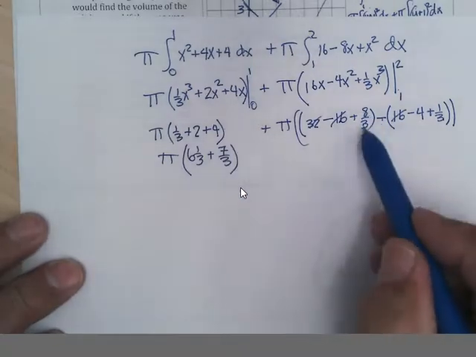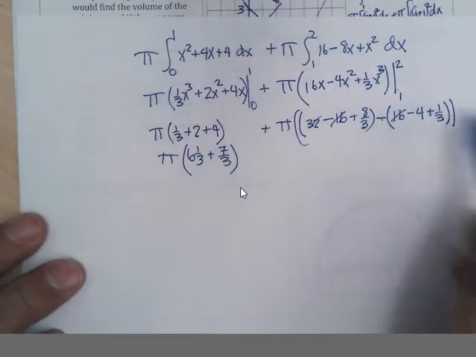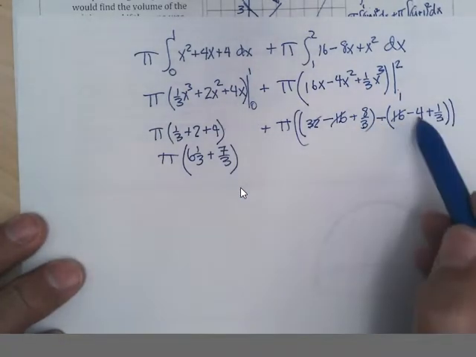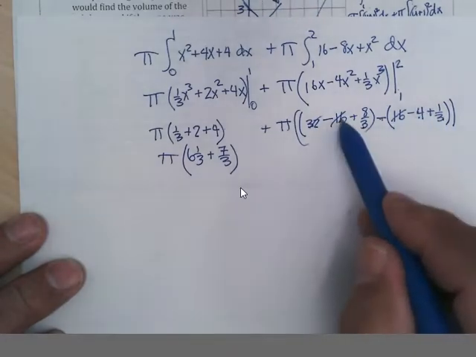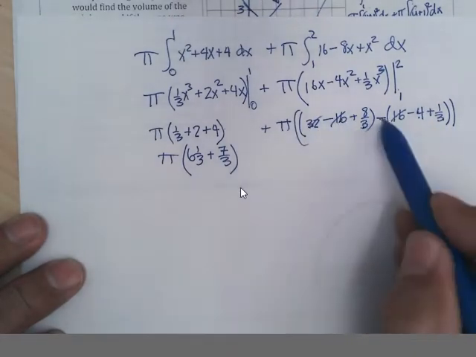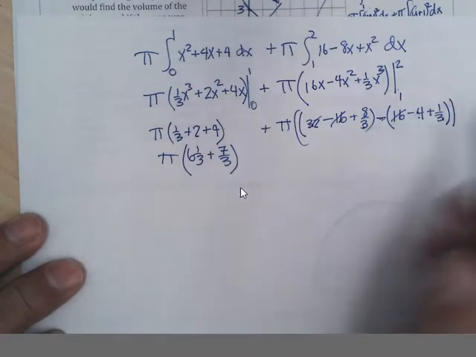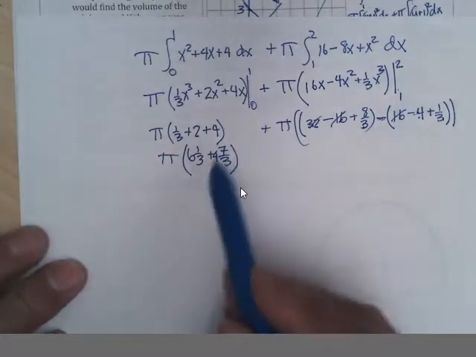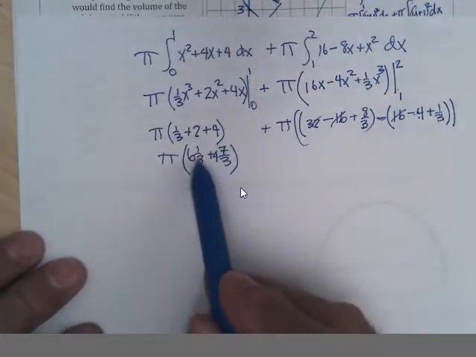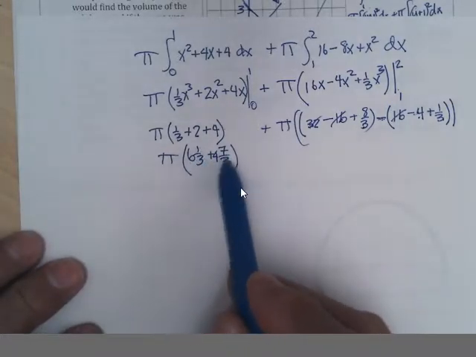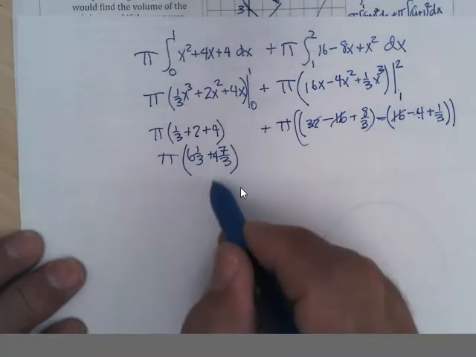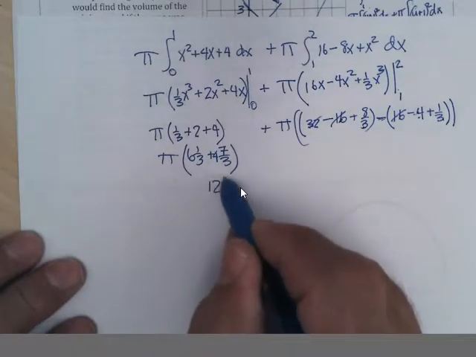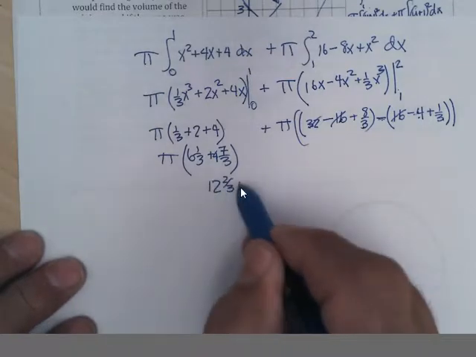But I didn't make 8/3 minus 1/3 7/3. Oh, and I got a 4, don't I? Minus a minus 4. I did, that's 16 minus 16. They cancel, so I still have the minus 4. Minus the minus 4 is plus 4. So I got 4 and 7/3. So I have 10 and 8/3. 8/3 is 2 and 2/3, so 12 and 2/3 pi.